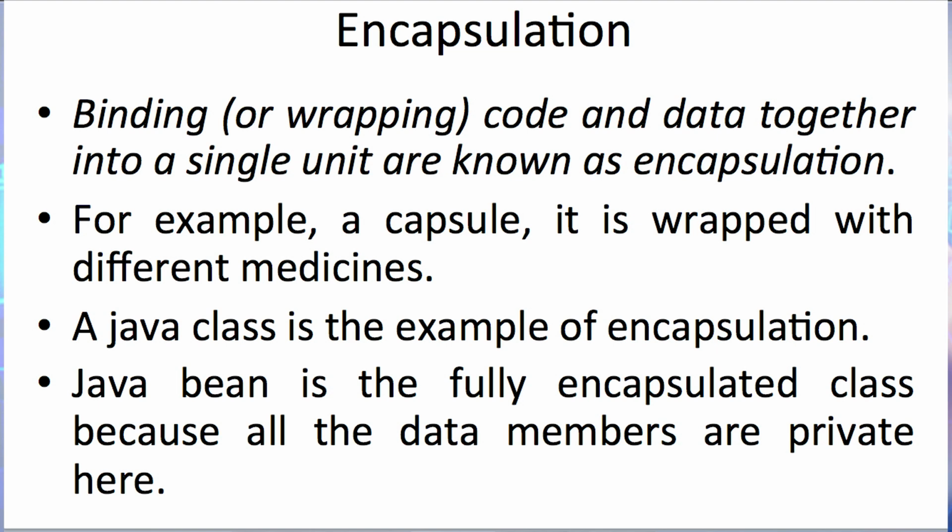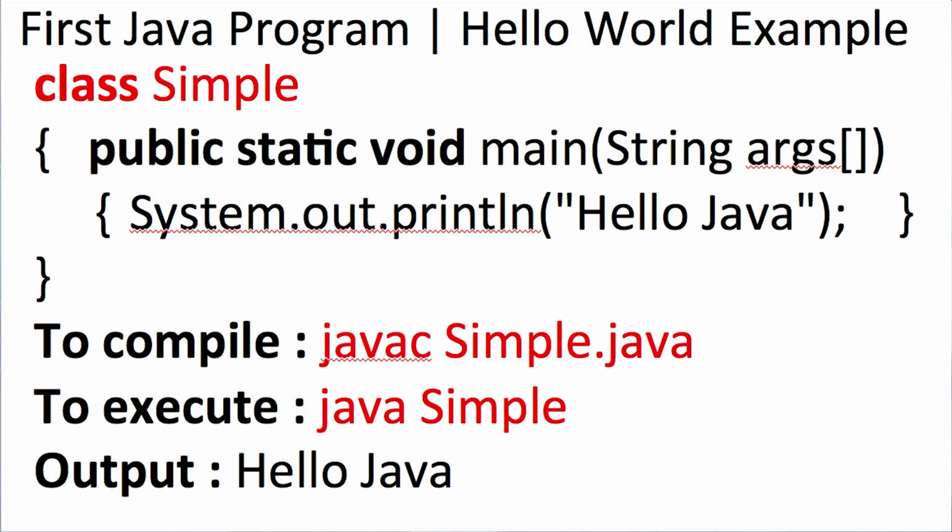Now see the program again, where we are defining a class Simple, and inside this class we have public static void main String args, and we have written only a single statement. This is a type of Java program. When this program is compiled, we write javac Simple.java. I have colored it in a red line.